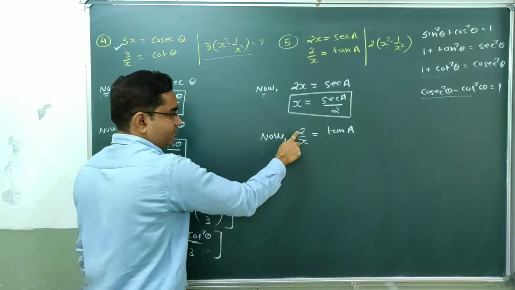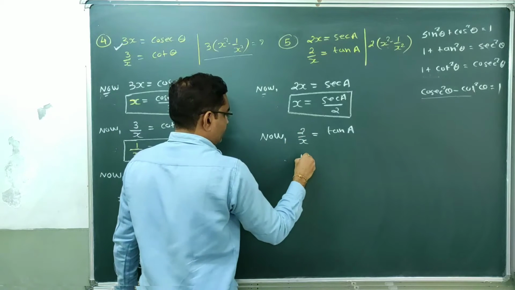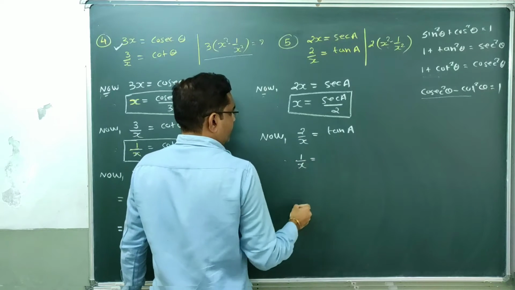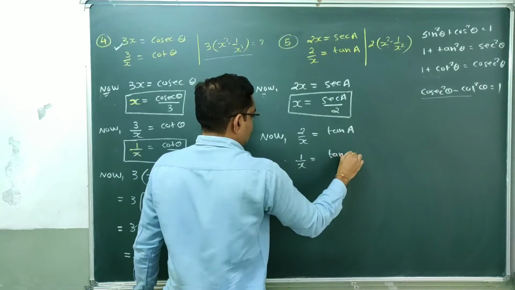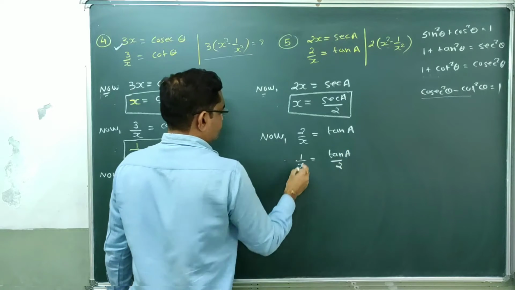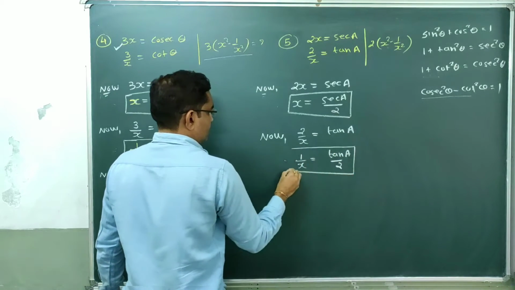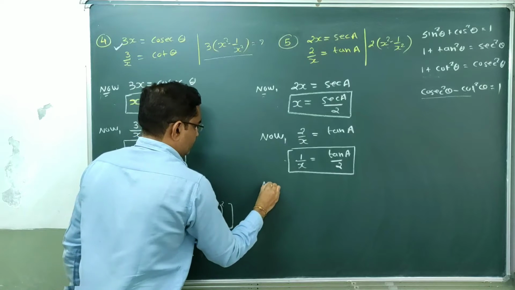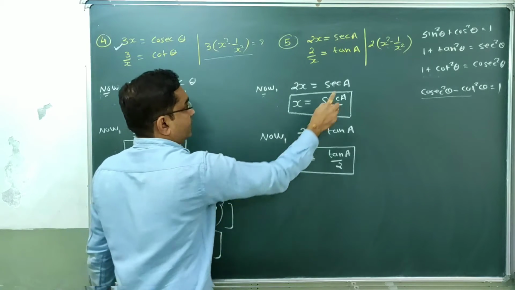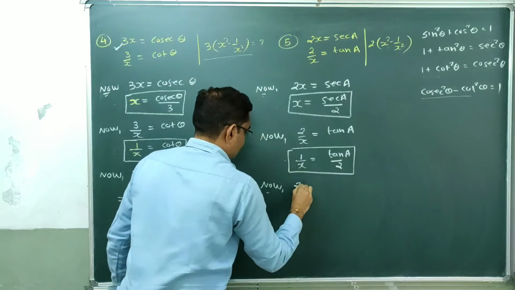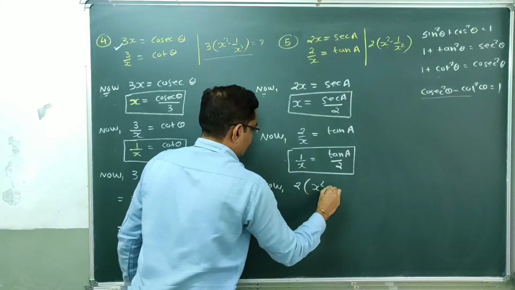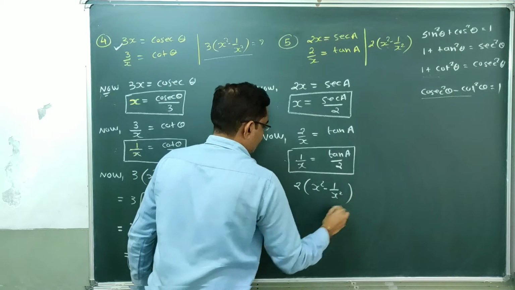Now taking this 2 into division, we are getting 1 by x, and 1 by x is tan a by 2. Now what we have to find? We have to find the value of this expression, twice of x square minus 1 by x square.